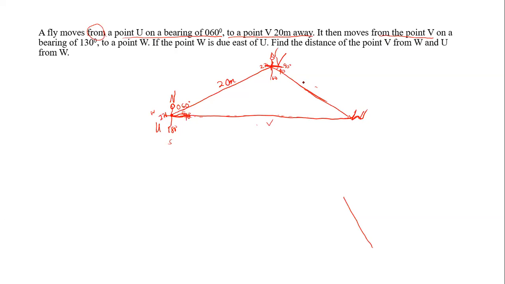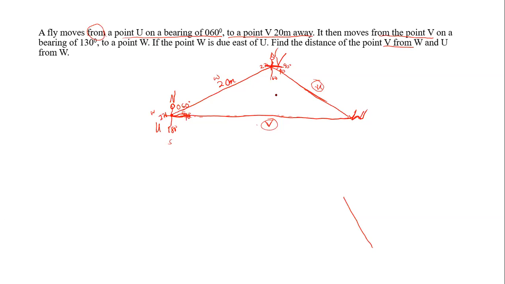The one opposite to angle U is called small u. The one opposite to W is called small w. So the first one said find V from W, that is small u. And then U from W is this place, that is small v. Those are the things they want us to calculate.